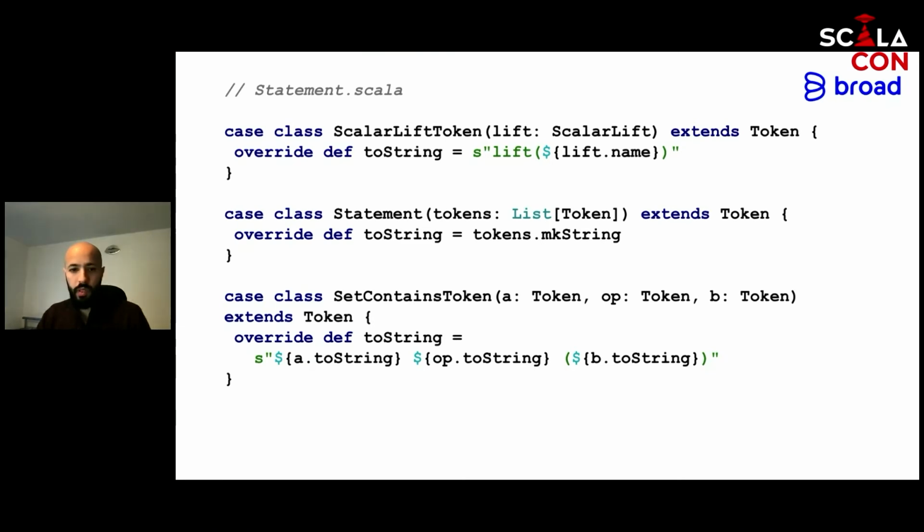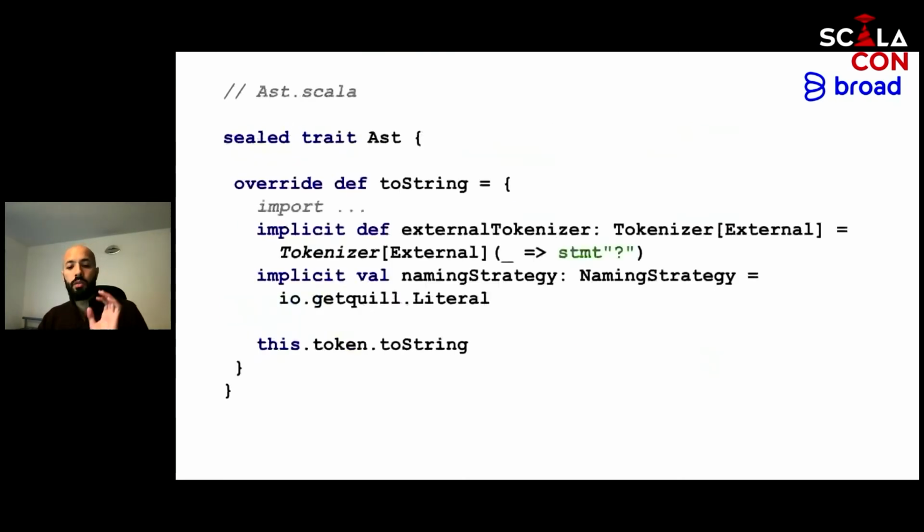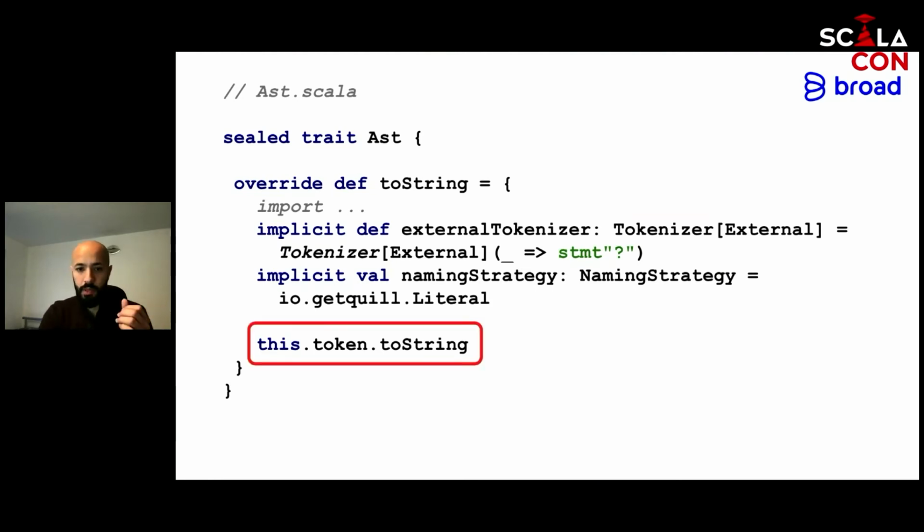We are overriding toString because when we look at the main trait AST, you see that it's already using a tokenizer here, because every element of an AST will have this token to a string here.